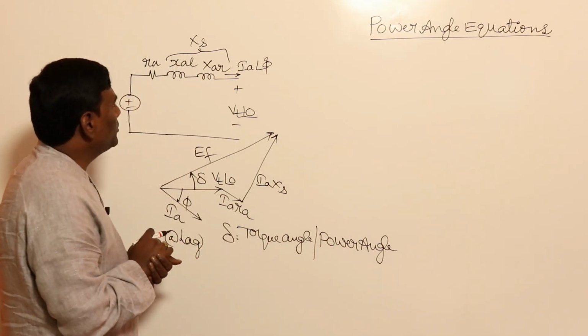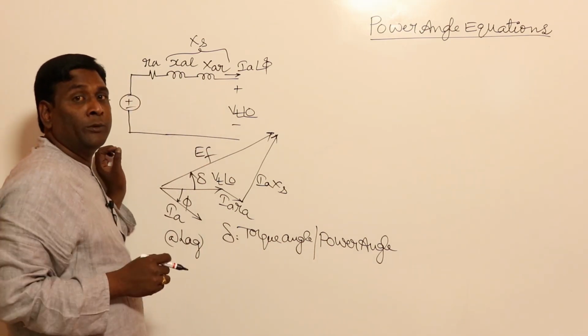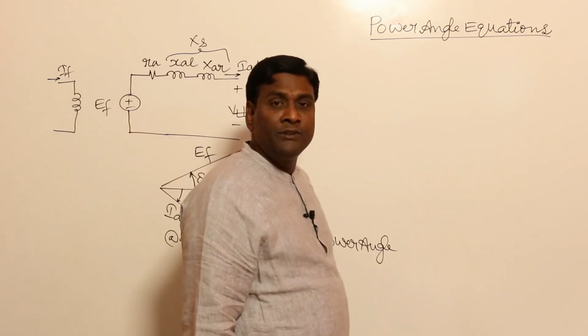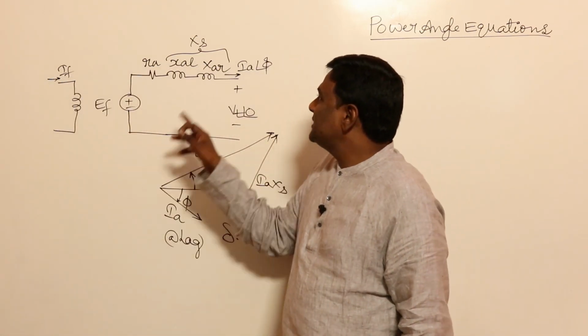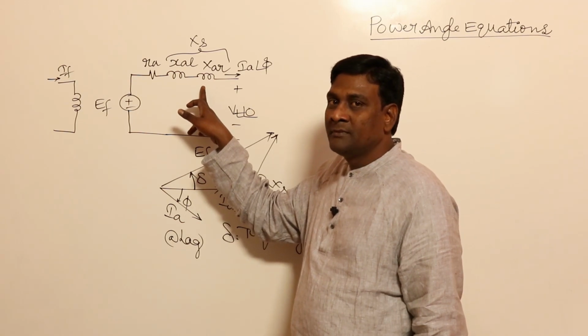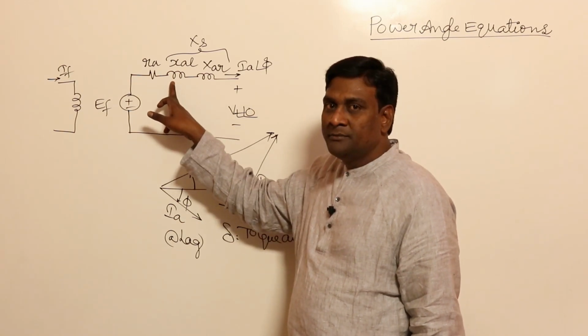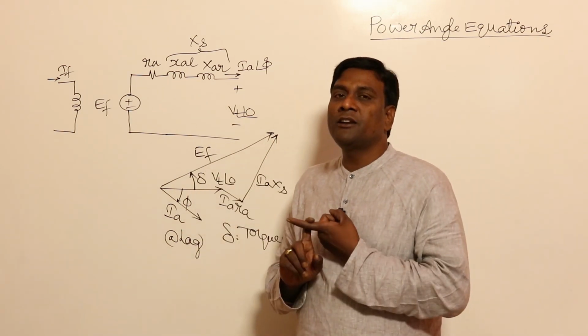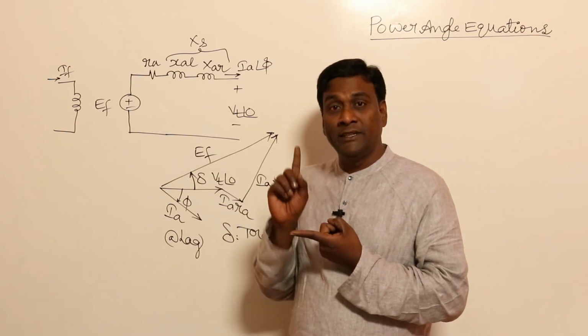Now coming to the point, XS is going to be very high. Why? If you compare this synchronous machine with an induction machine, in the induction machine armature reaction will not be there, so only XAL will be there. For example, let us start from the transformer. In a transformer, the X by R ratio should vary between 2 to 6, as we discussed.